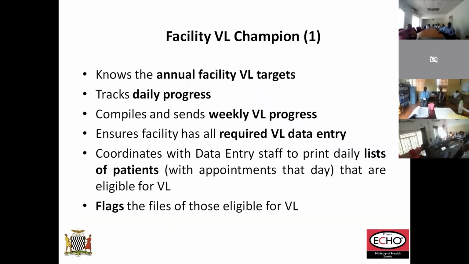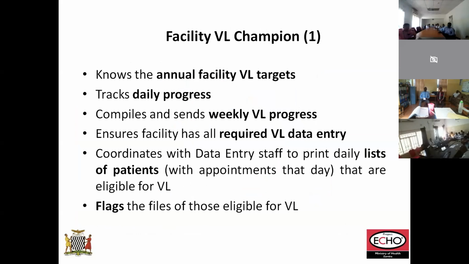At the end of this presentation, you have the full list of roles and responsibilities at each level, but these are just a few of them. At the facility level, the viral load champion is supposed to know the viral load test targets at the facility level.